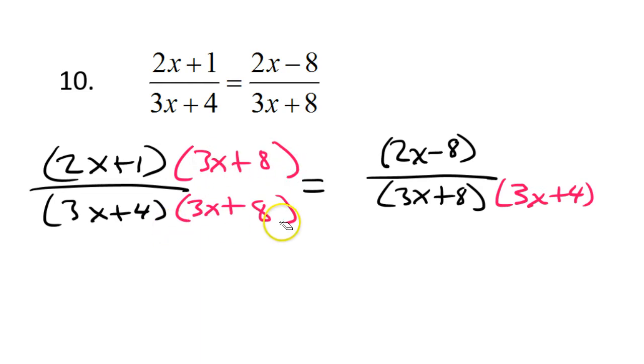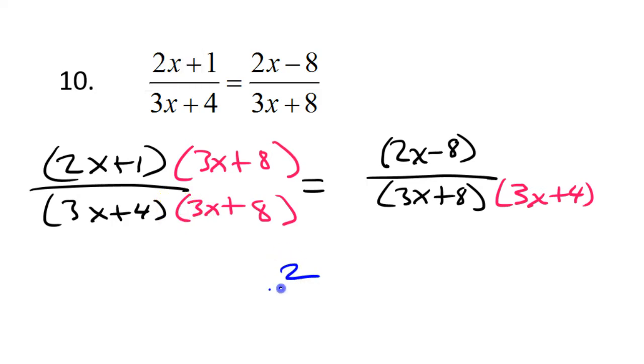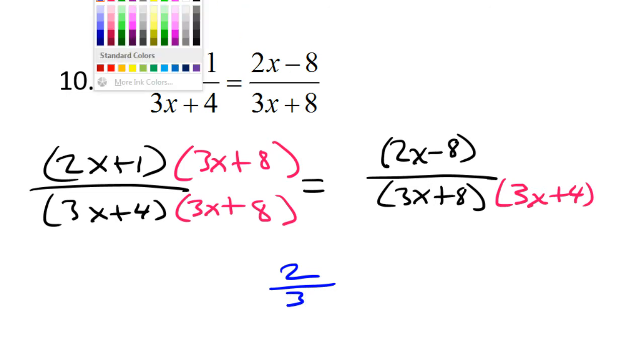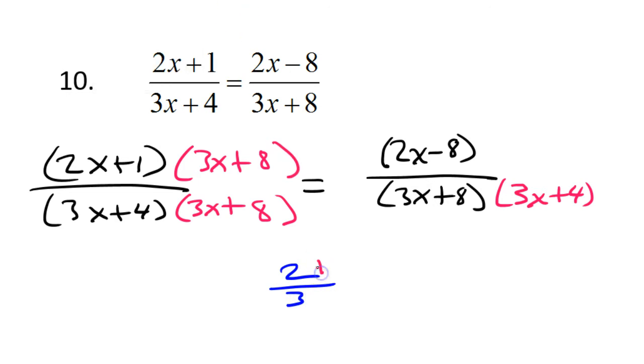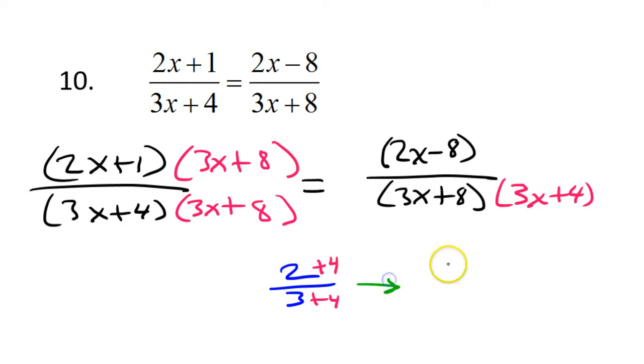3x plus 8 over 3x plus 8, that's 1. So we're not changing anything. When you add something to the numerator and the denominator, you are changing the value. If you don't believe me, look at the fraction 2/3. If you were to add the same thing to the numerator and the denominator, say I added 4 to both of these, now that would make 6/7.